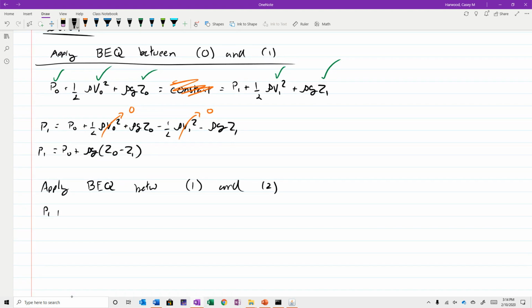We've got P1 plus 1/2 rho V1 squared plus rho G Z1 is equal to P2 plus 1/2 rho V2 squared plus rho G Z2. So let's write in some values here, right? We know that this is equal to 0. Z1 is also equal to 0. Z2 is equal to 0, right? Because they're both along that line that we've defined as z equals 0.